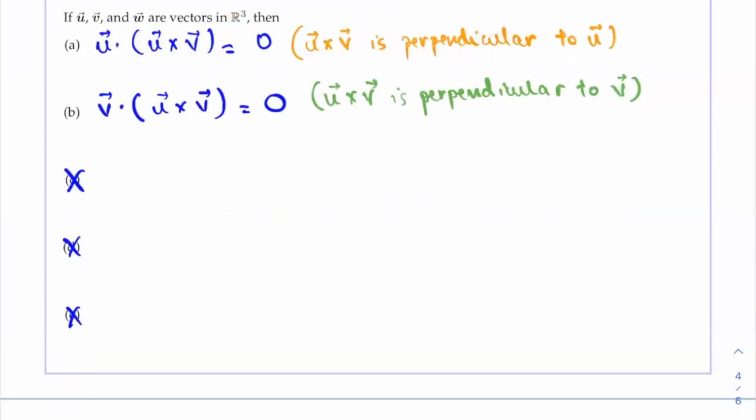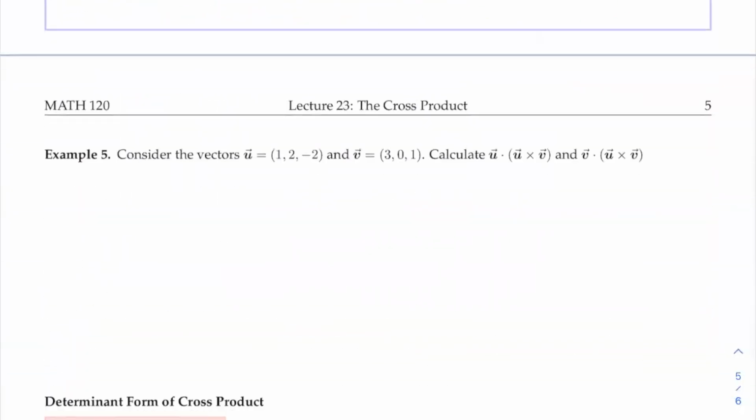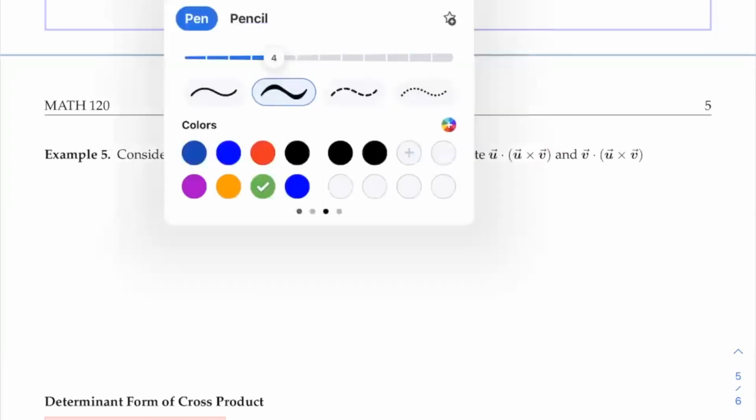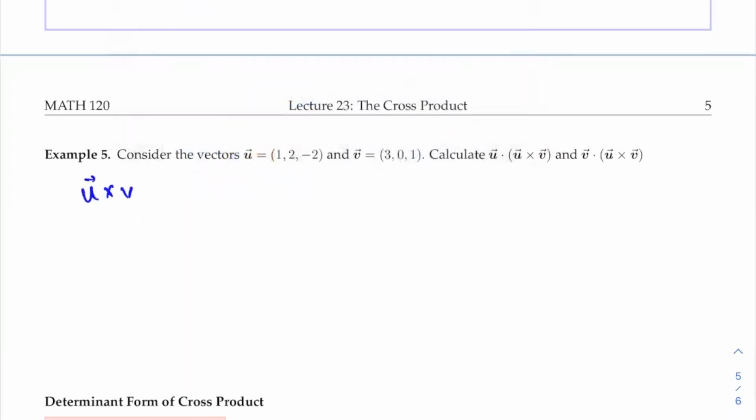Right, so let's do a quick calculation to show that these 2 statements are true. Let's say you have 2 vectors u and v. Can you do this calculation: u dot with u crosses with v, and v dot with u crosses with v? So for u crosses with v, you're going to form a 2 by 3 matrix: 1, 2, -2, and then 3, 0, 1.